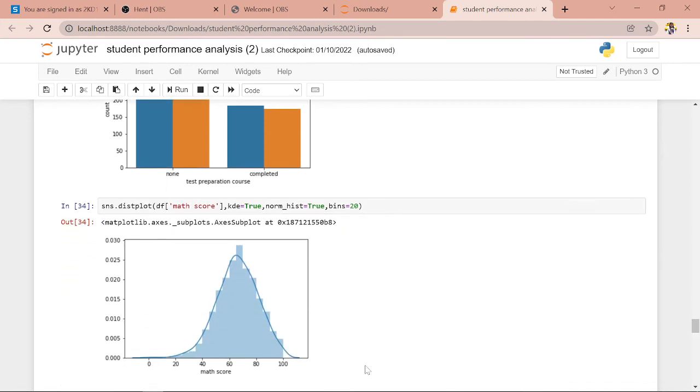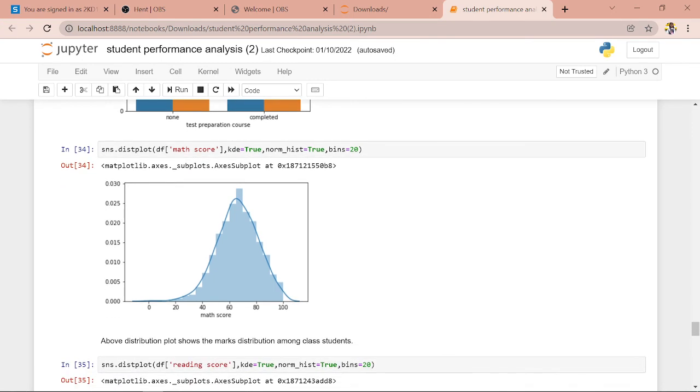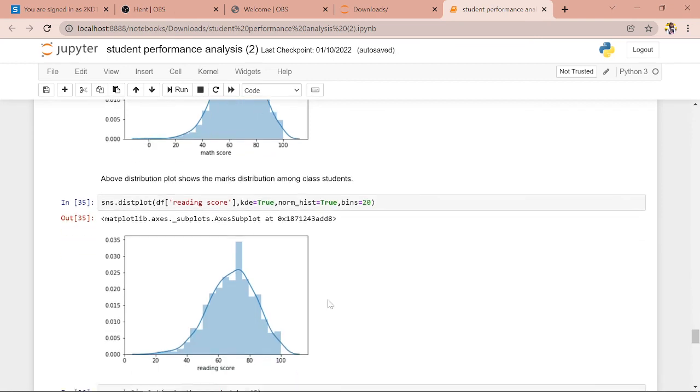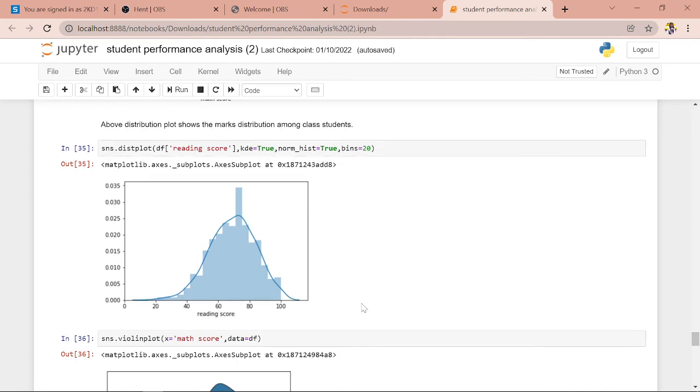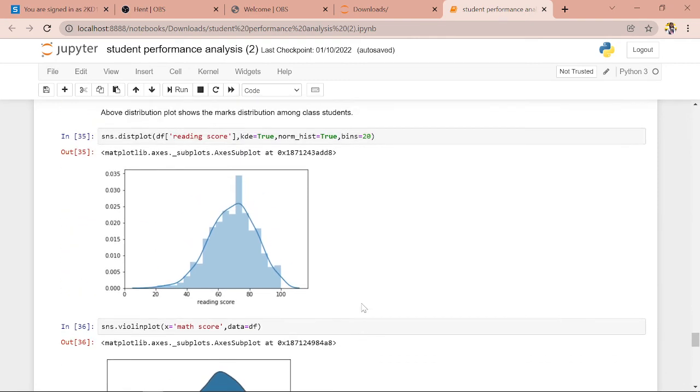And then the distplot, df of math score, kde true, norm_hist equals true, bins equals 20. This above distribution plot shows the marks distribution among class students, and this plot shows the mark distributions among the class students of the reading score.